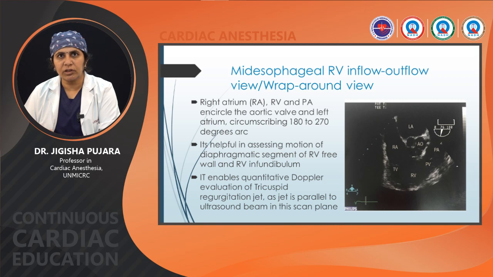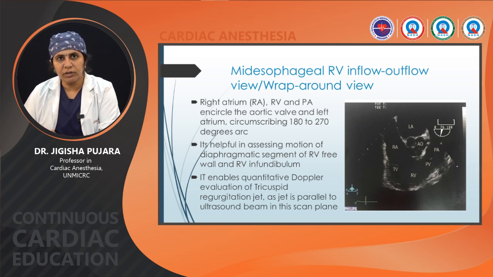Mid-esophageal right ventricular inflow-outflow view. It is also called the wraparound view. The right atrium, RV and the PA encircle the aortic valve and left atrium, circumscribing a 180 to 270 degree arc. It is helpful in assessing motion of the diaphragmatic segment of the RV free wall and the RV infundibulum.